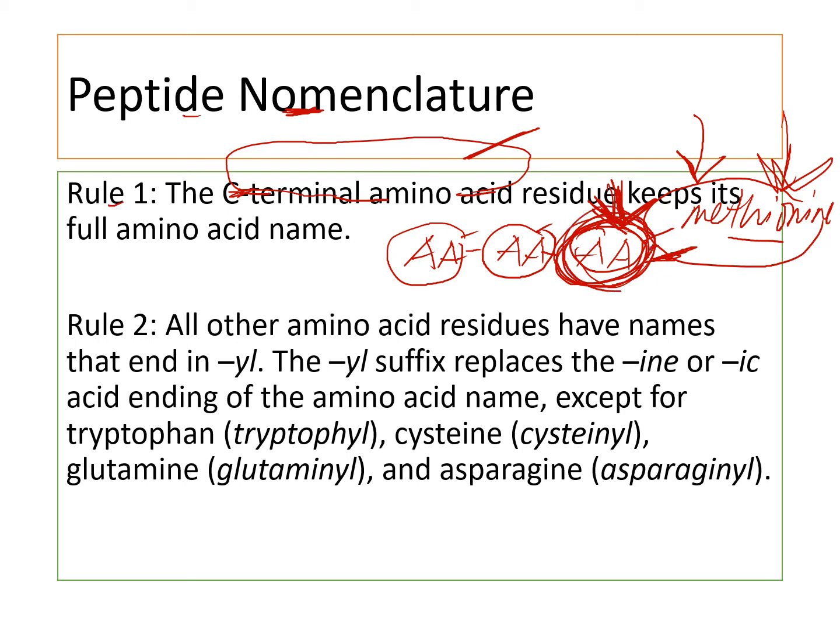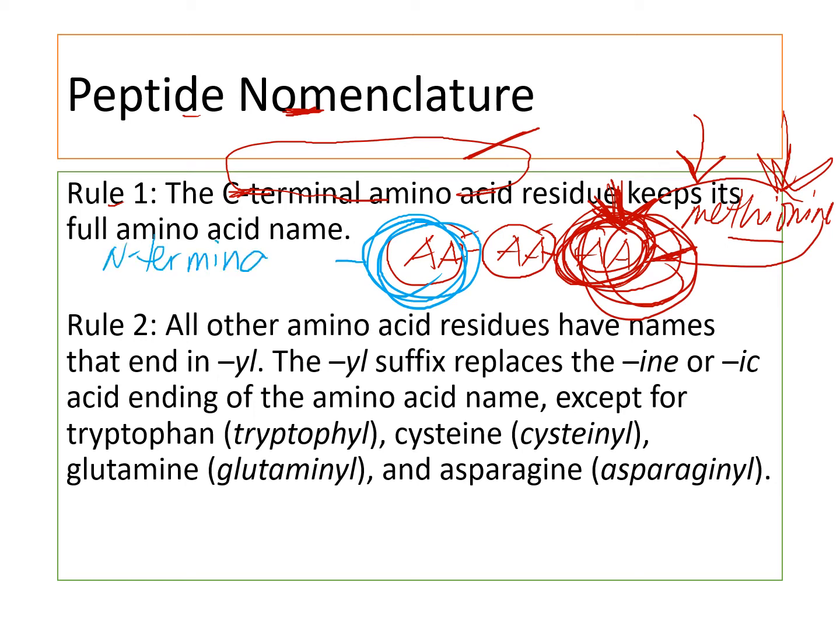Take note, this is the C-terminal amino acid. How about the amino acid at the far left? This one is known as your N-terminal amino acid. Why is it called the N-terminal amino acid?